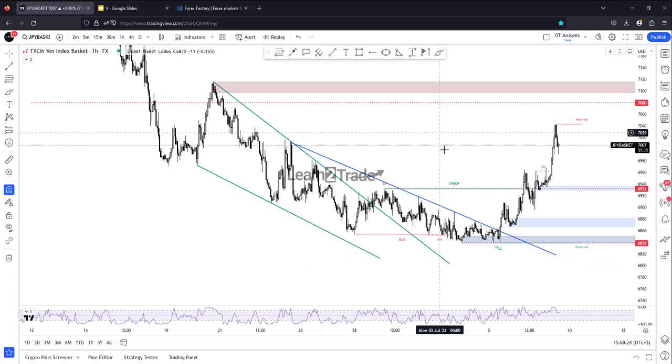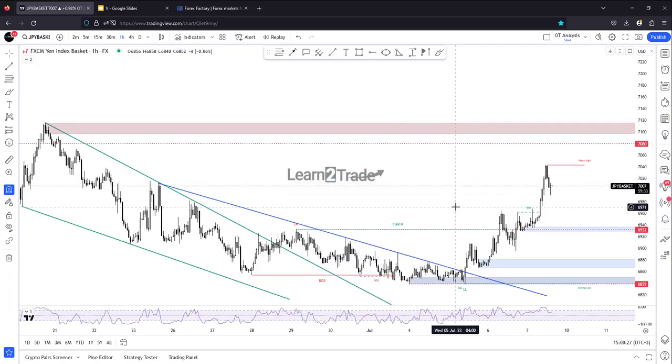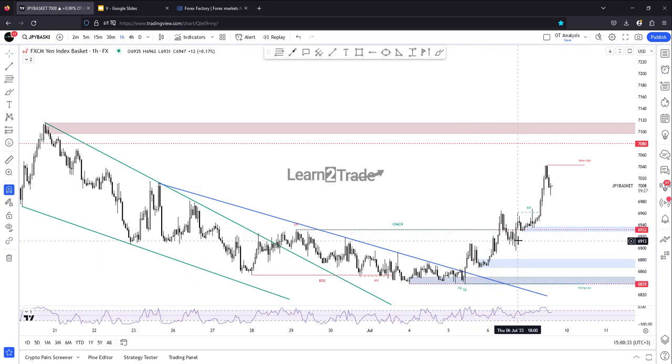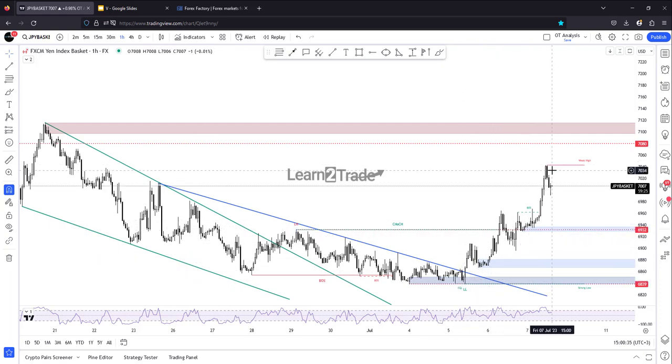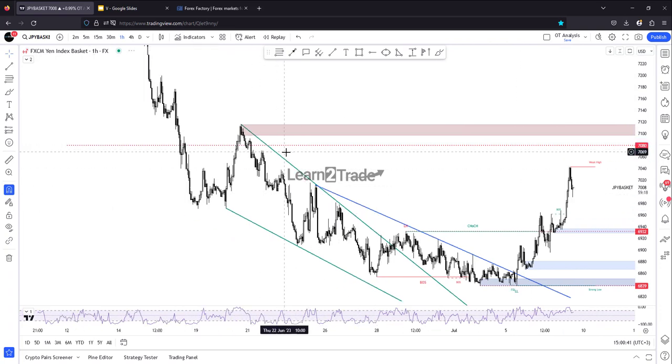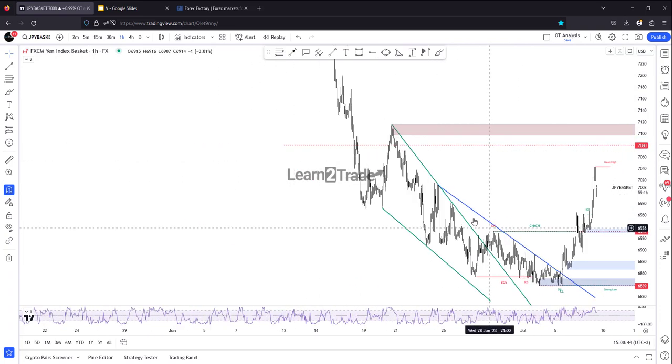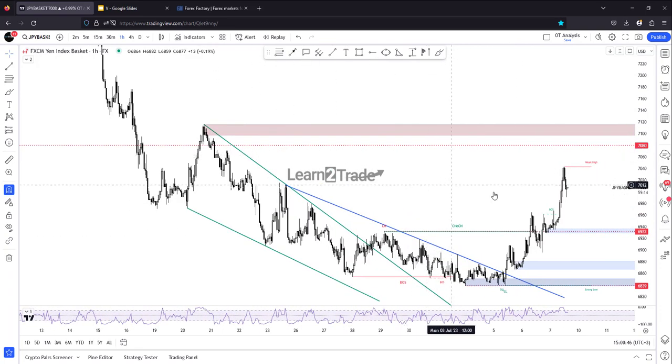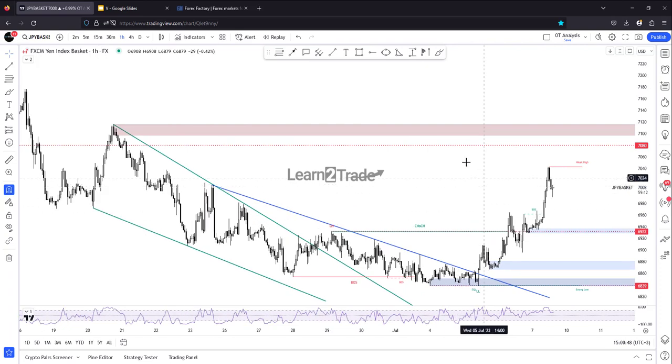Yen basket. I talked about the yen basket also in today's market breakdown video, and I said that rally, retreat, rally, and after this new rally, a retreat was natural before maybe extending its growth towards this level here, 7,080, and towards maybe the former high.